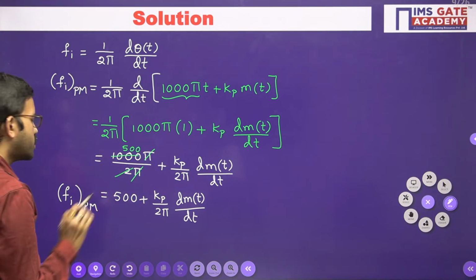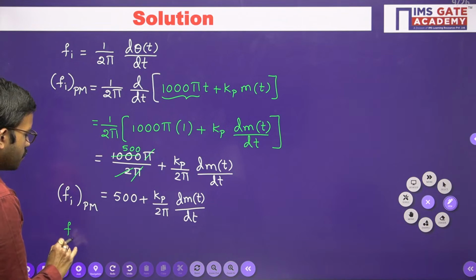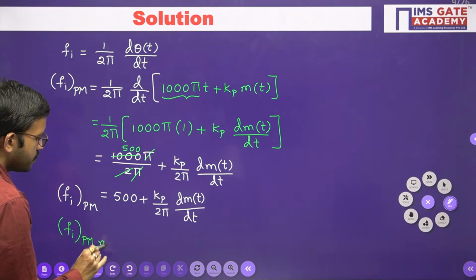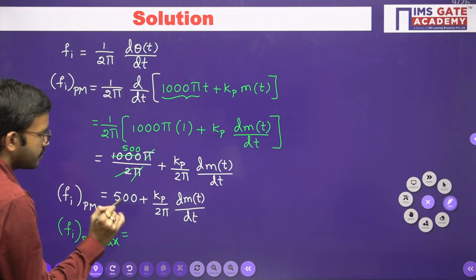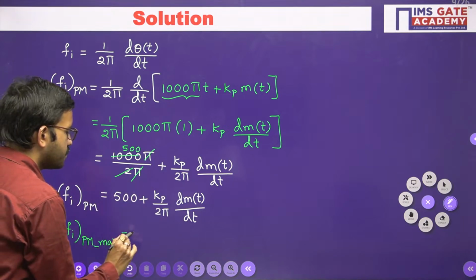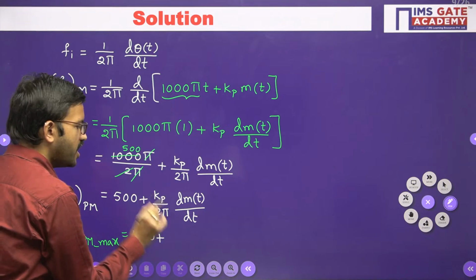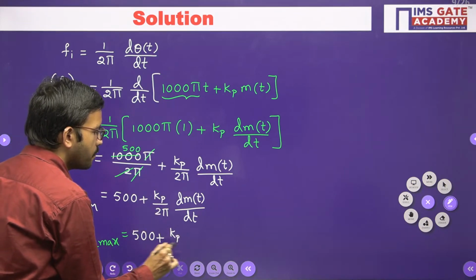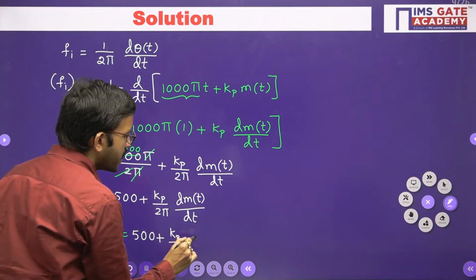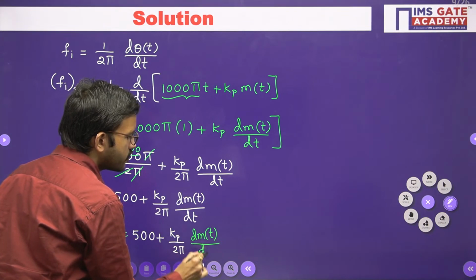In which condition are you going to get the maximum instantaneous frequency in the phase modulated signal? Because here 500 is a constant, it is not varying, right? So we can keep it as it is. Here kp is anyway a constant, 2 pi is a constant. Now tell me, should dm of t by dt be maximum or minimum, so that you will get the maximum instantaneous frequency?